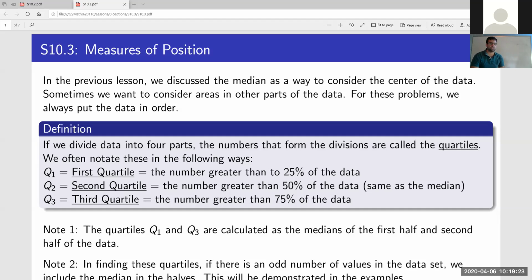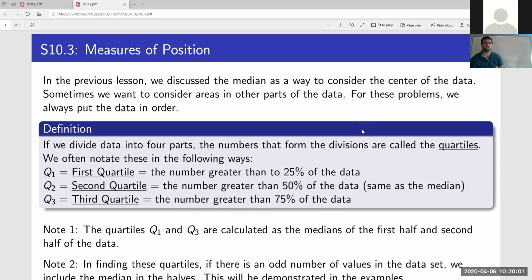If we divide data into 4 parts, the numbers that form the divisions are called the quartiles. We often notate these in the following way. The first quartile is the number greater than or equal to 25% of the data. Second quartile is the number greater than 50% of the data. Third quartile, number greater than 75% of the data.